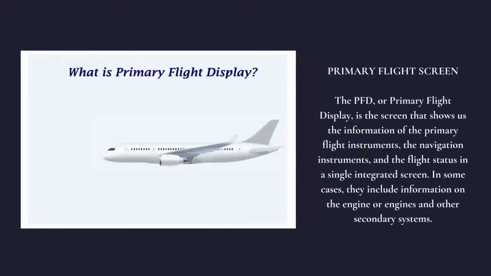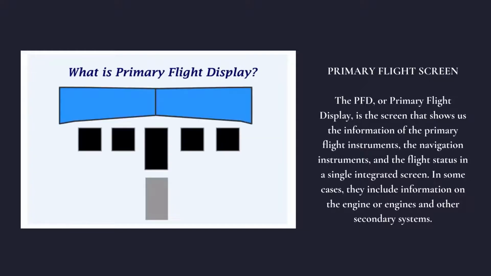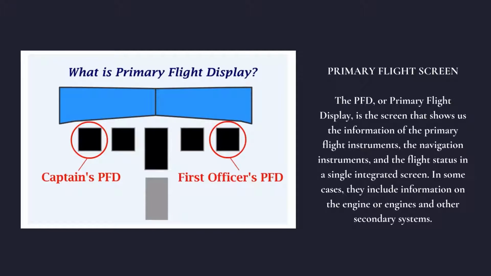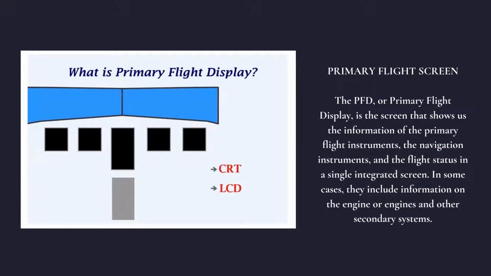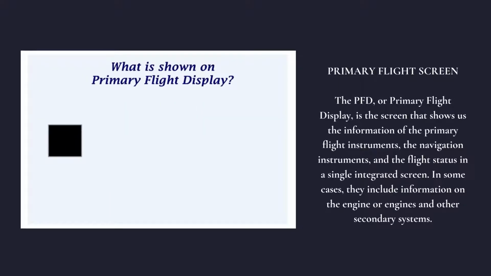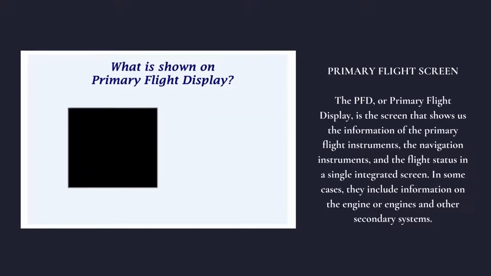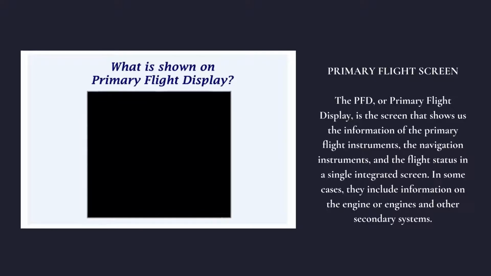Primary flight screen. The PFD or primary flight display is the screen that shows us the information of the primary flight instruments, the navigation instruments, and the flight status in a single integrated screen. In some cases, they include information on an engine or engines and other secondary systems.